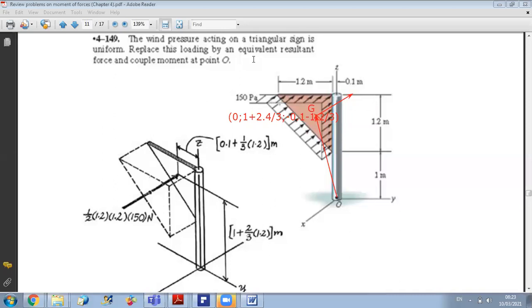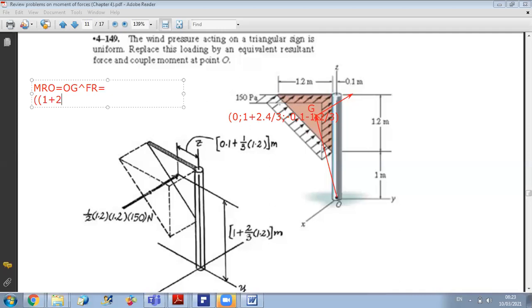So all I have to do is to say that the resulting moment, the resultant about O vector, is equal to OG vectorial FR. Of course, all of them are vectors. Now I replace OG by its value. So I have 0i plus along j I have 1 plus 2.4.